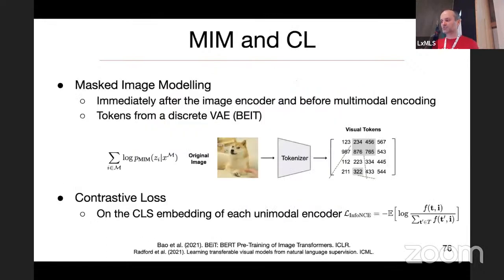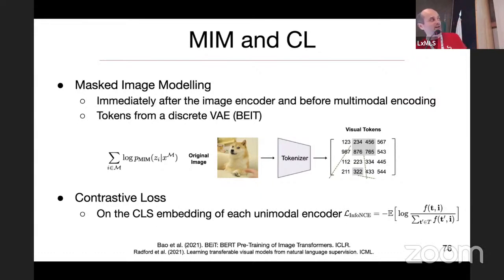In terms of some of the additional modeling perspectives that they brought here, they included this idea of doing masked image modeling. I just said that in the Wilt paper, it wasn't a good idea for them to do the regression to the feature vector directly. So what they do in Flava is immediately after the image encoder, they have a masked image modeling task where the tokens come from a discrete variational autoencoder called byte, which was pre-trained on a different task.